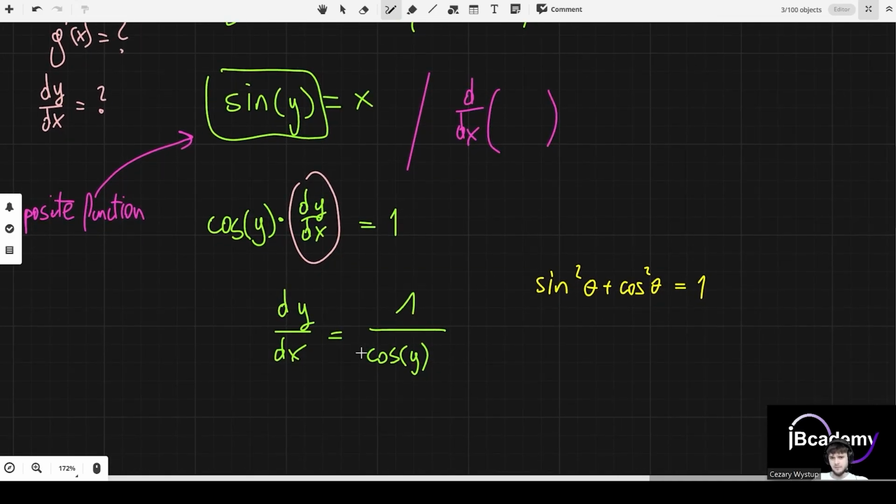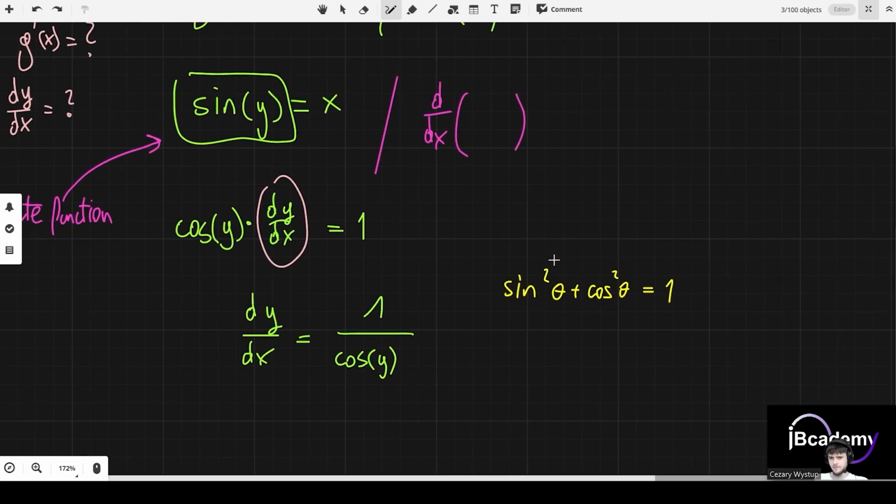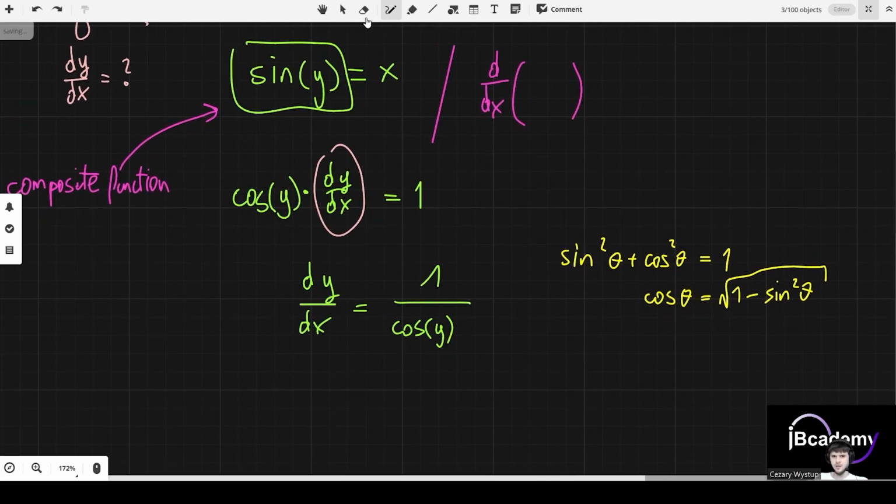So I want to have an expression with sine of y instead of cosine of y. I'm going to get this from here. Just need to get rid of the square, so I'm taking the square root. This is some simple algebraic rearrangement, and that's the expression for cosine of theta. So in our case, cosine of y.